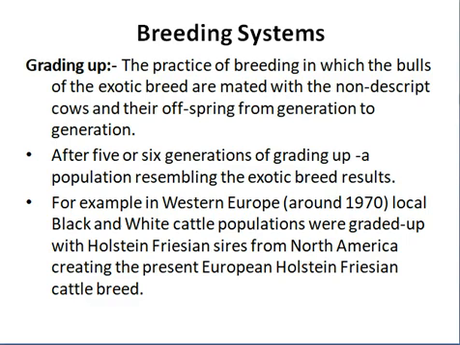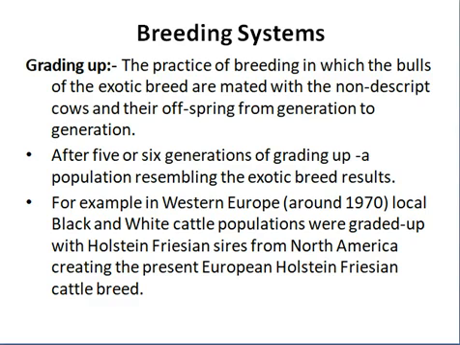One example happened in Western Europe around 1970 when local black and white cattle were mated with Holstein Friesian bulls from North America. So they mated their black and white cows with the bulls from North America. North America is Canada, USA, Mexico, so mostly this would be USA and Canada.